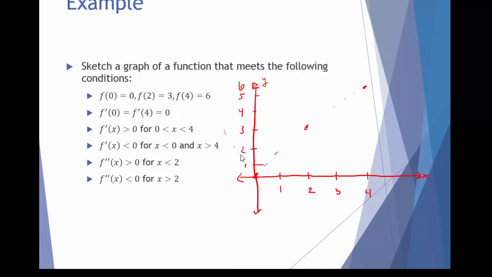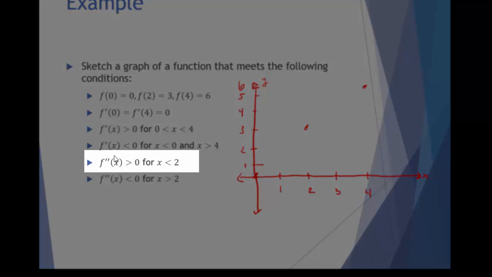So on this side of 0, we should get a decreasing function, and on this side of 4, we should get a decreasing function. So we kind of have the idea of where this is going up and where it's going down. We've got decreasing, increasing, decreasing. Then we need to come back and discuss what the next two tell us.